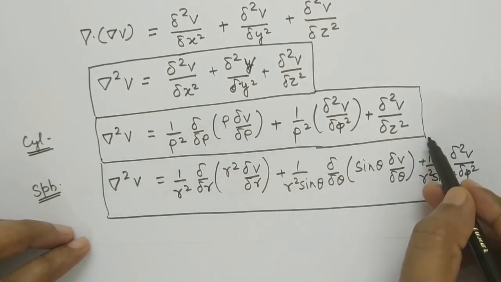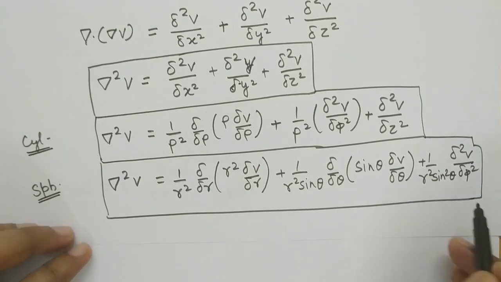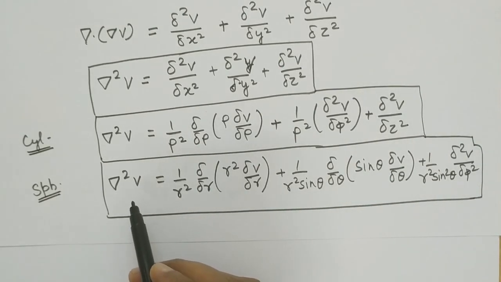So this is the Laplacian in a spherical coordinate system, and using this formula we can find the Laplacian of a given potential.